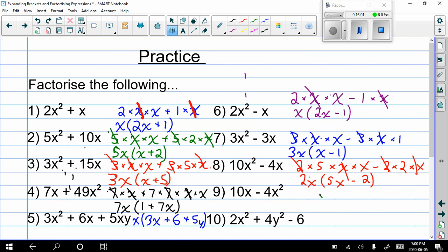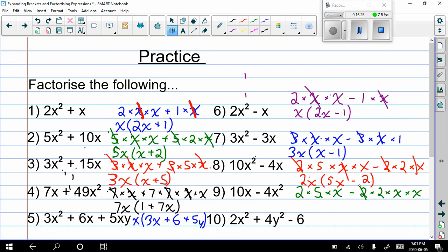So same thing with this one, it has a common factor of 2. So 2 times 5 makes 10 times x. That's our first term. And we're minus 2 times 2 times x times x. So what is common?